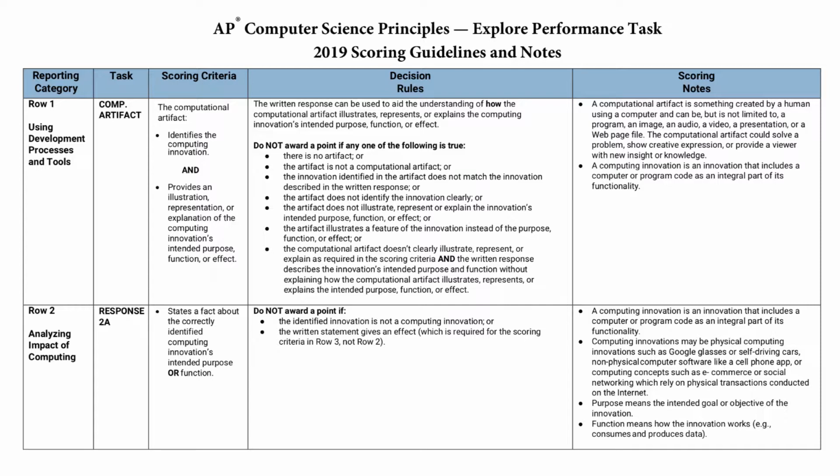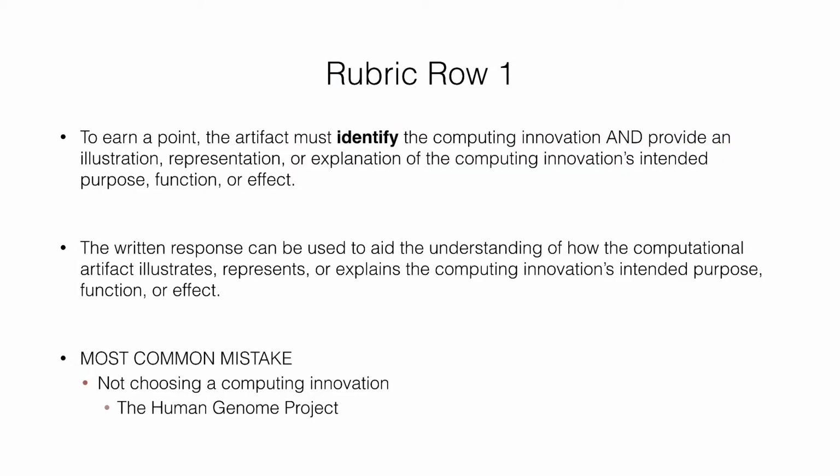Row 2 is, does your written response state a fact about the computing innovation's purpose or its function? This is where you would lose a point if it's not a computing innovation. But there are some examples in the scoring notes as well. One very common mistake is you choose something that's not a computing innovation at all.